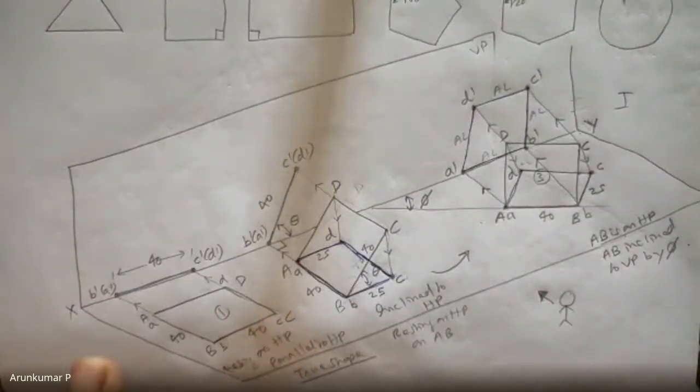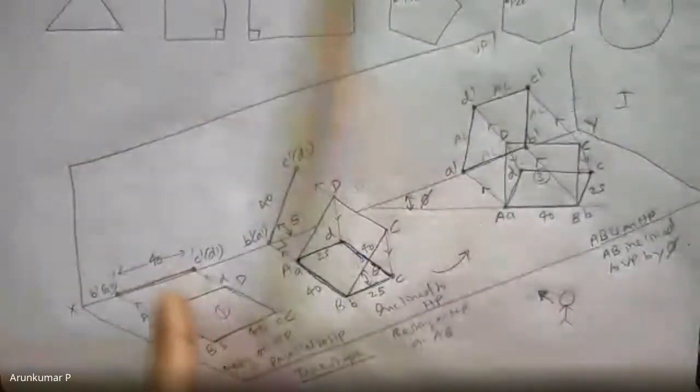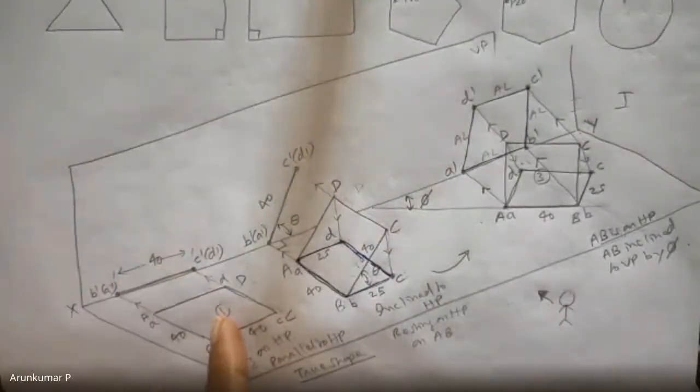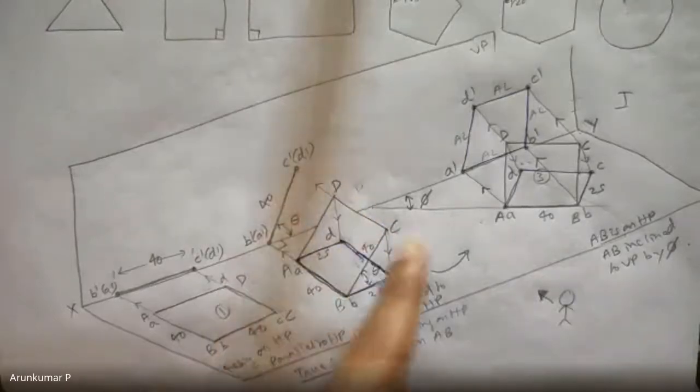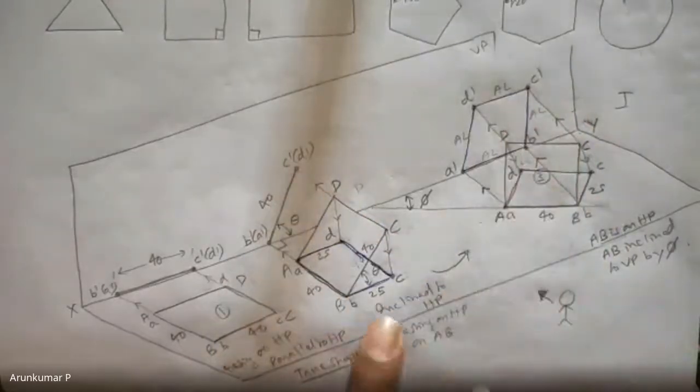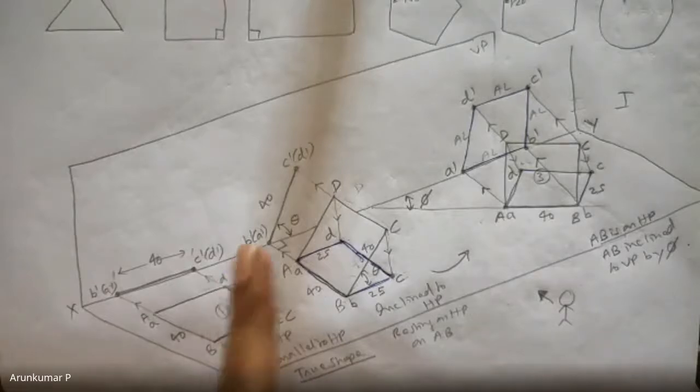Whatever I have drawn is just to show you the 3D concept. Now, from this 3D, you have to draw only whatever I've drawn in 2D. That is whatever I've drawn on VP and HP, the two dimensions. Only that you have to draw. You need not draw all these 3D things that I've drawn here. Only the front and top view has to be drawn. I have drawn it in 3D just for you to understand.